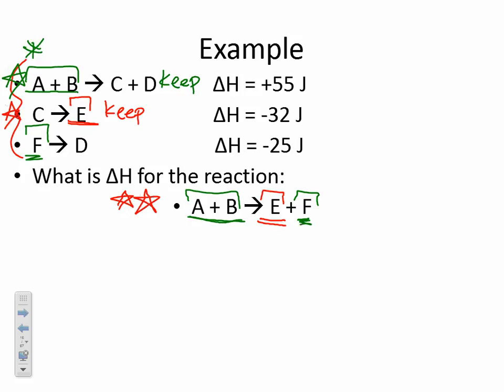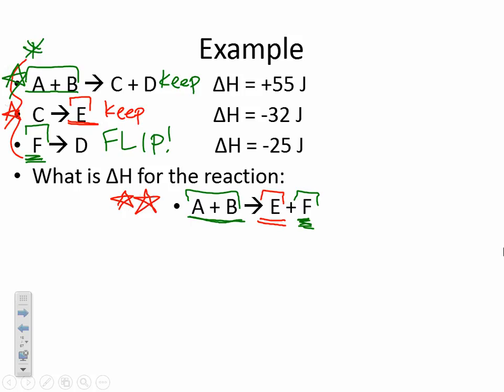So that immediately means that I'm going to have to flip this equation around. I'm going to have to write it backwards. Instead of F goes to D, I'm going to have to write it as D goes to F. Then I'm also thinking quantity. There's only one F in this reaction. There's only one F in my overall reaction, so I don't need to multiply that by anything, but I will need to flip the reaction around.